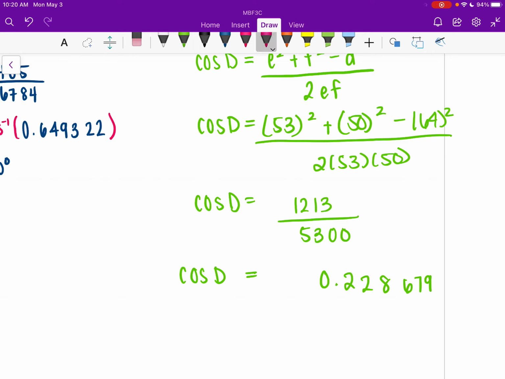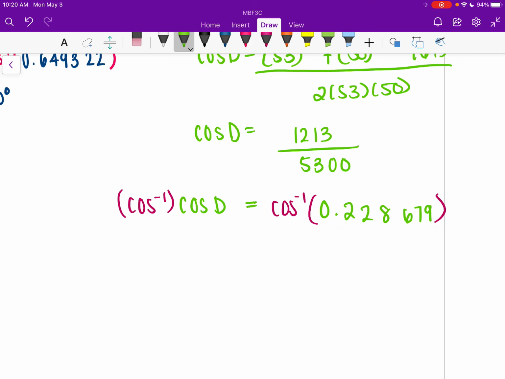And then I want to use cos inverse to get rid of the cosine here. Cos inverse of this number is going to give me angle D is equal to 76.7, but we'll leave it at 77.